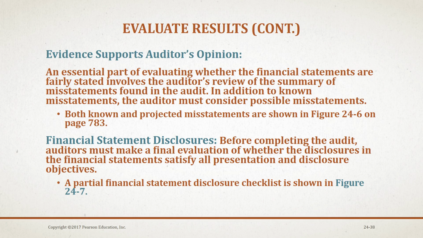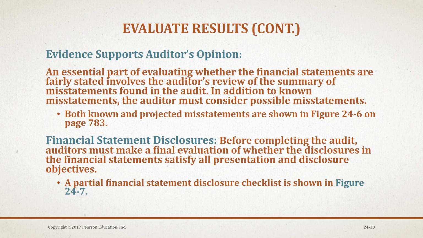Were those mistakes corrected by the client? If they weren't corrected, we need to bring that up to those charged with governance, the board of directors, and let them know that you found entries, they're immaterial, but management didn't want to book them. And again, this is very important to let the management know that, and the board.